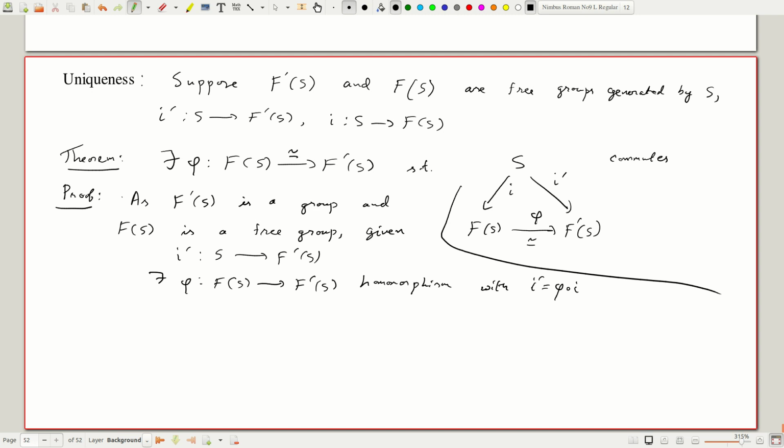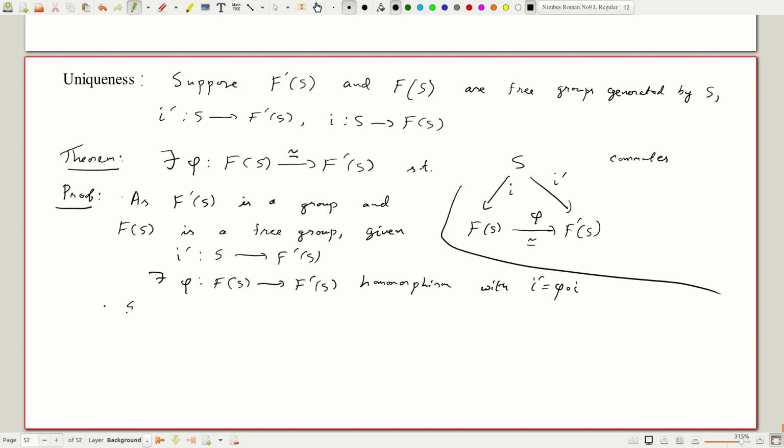So if I have the map I prime, which is an inclusion on sets, I get a full homomorphism, and on the set, if I include an element into F of S via I and then map it by phi, I get I prime.